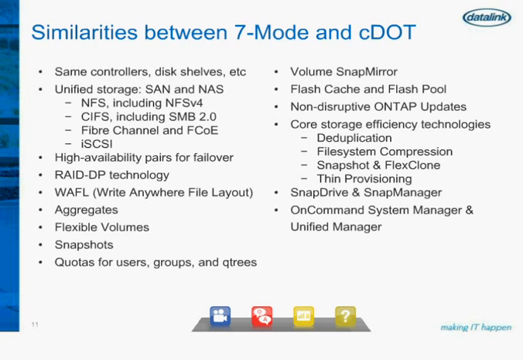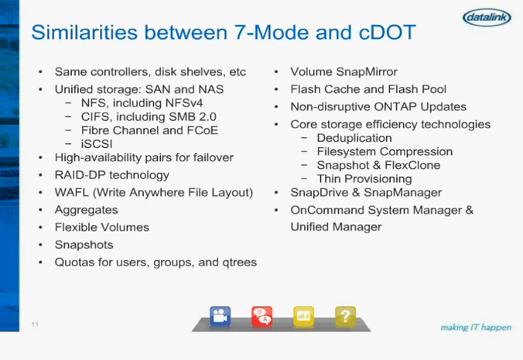So the ability to do both SAN and NAS protocols, NFS up through NFSv4 and pNFS, CIFS, including SMB2, Fibre Channel, FCoE, iSCSI, all those protocols are still available. The arrays are configured in HA pairs to provide complete redundancy and no single points of failure in the environment. That part also has not changed. RAID-DP technology is also carried forward.